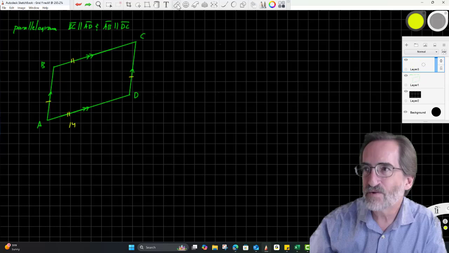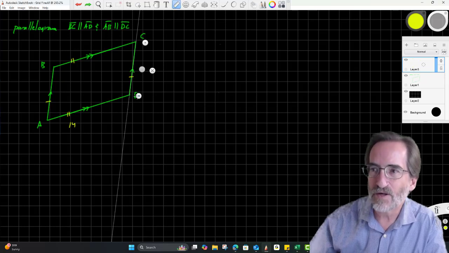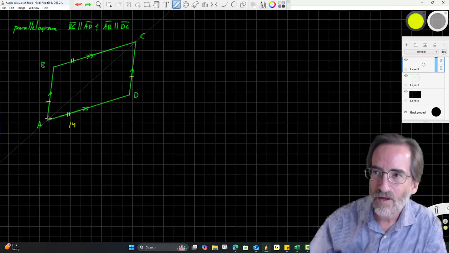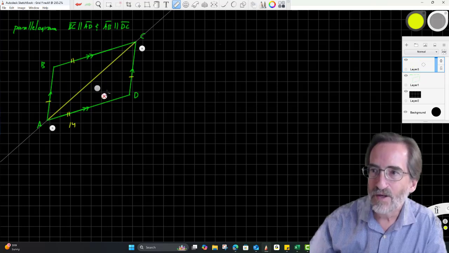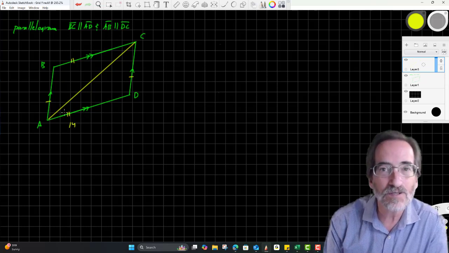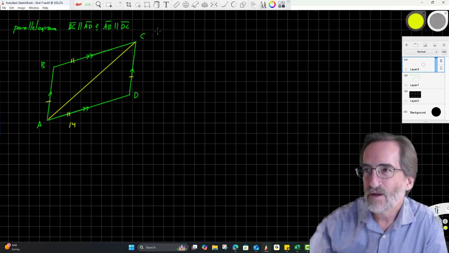And the proofs involving parallelograms all involve drawing diagonals. So I'm going to draw a diagonal, dia meaning through, diagonal. And you'll notice it divides parallelogram ABCD into two triangles, right?